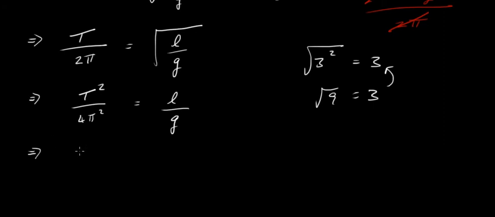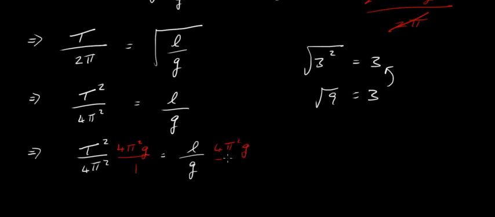Really what you've got here is, on the left hand side we have t squared over 4 pi squared. On the right hand side then we have L over G. Now I'm going to multiply both sides by 4 pi squared G all over 1. How does that help? Well, this 4 will divide into this 4 and I'll get 1.